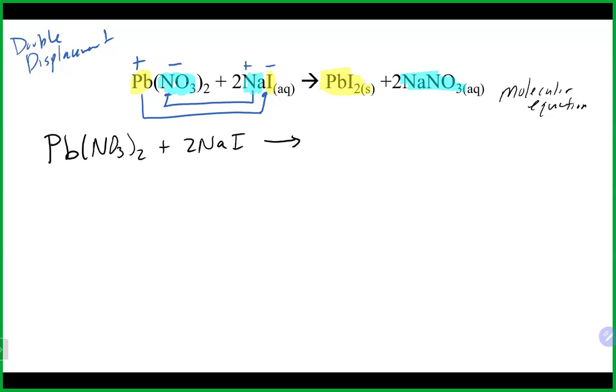Remember that if you were asked to predict the products, which you might have to do, you always want to get the right formulas first and then balance the equation. So in this case, if I take a look at this guy here, the two basic ions that make this up are lead with a +2 charge and nitrate with a -1 charge.